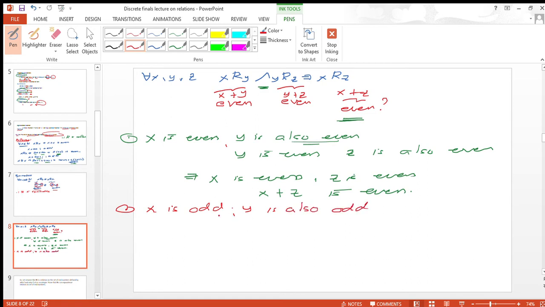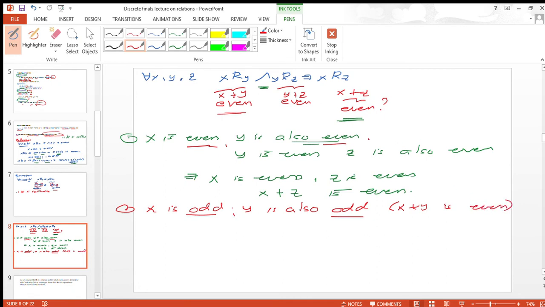Hindi pwedeng odd even kasi odd yung lalabas. So dapat even, o kaya odd and odd. So it's true that x is odd, y is odd, x plus y is even. So x is odd, y is odd. So again, x plus y is even.